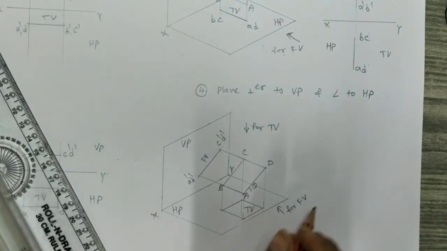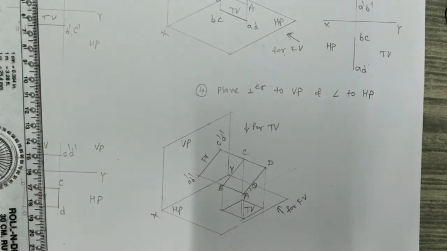So this is the top view. Give name B. This is C, D, and this is A.